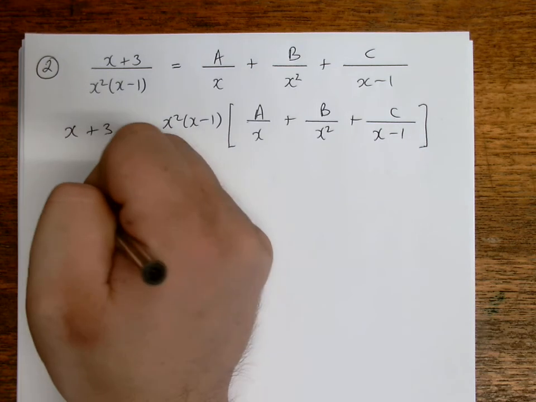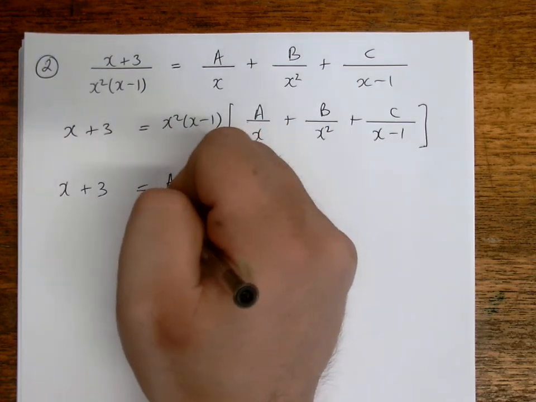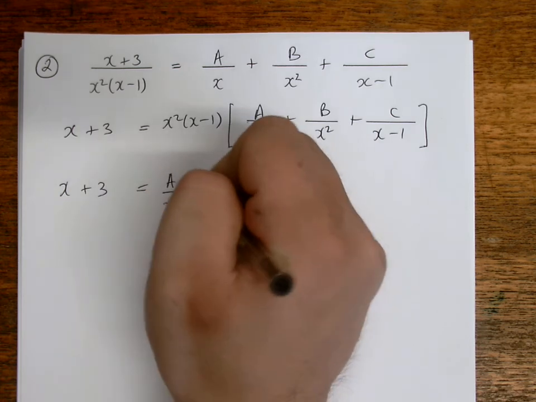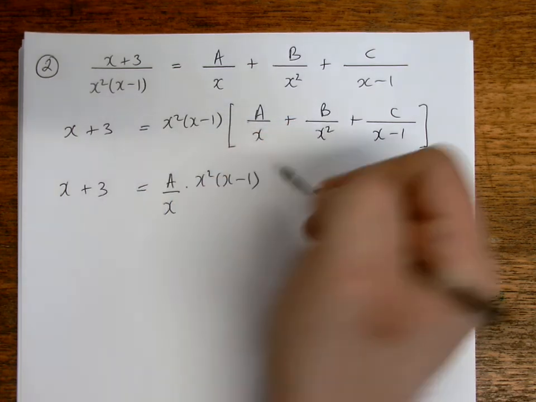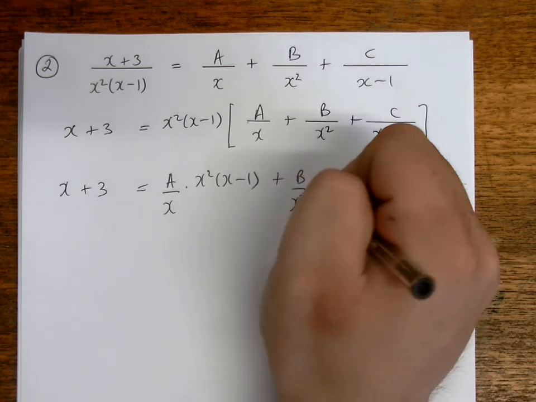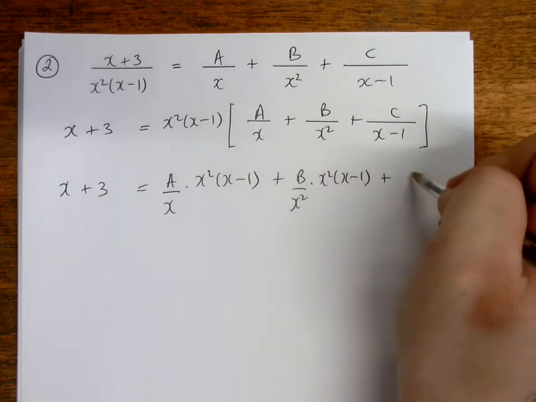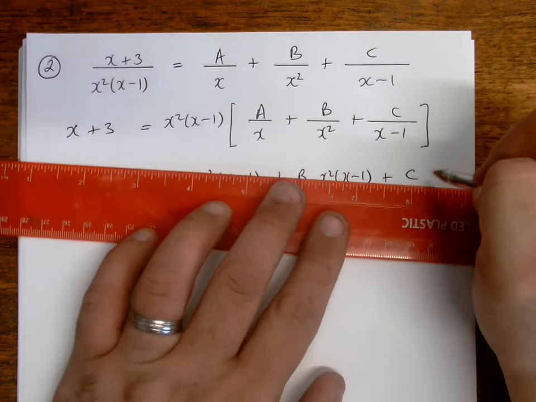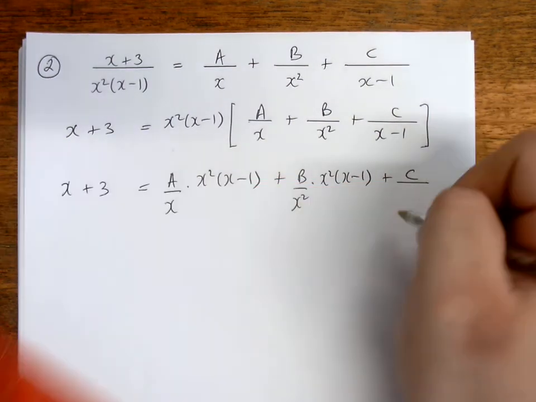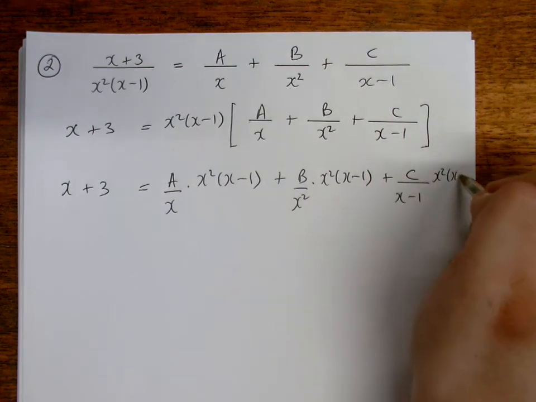So we multiply through x plus 3 then. We start off with the first term, a over x times x squared x minus 1, plus b over x squared times x squared x minus 1, and then finally the c over x minus 1 multiplied by the x squared x minus 1.